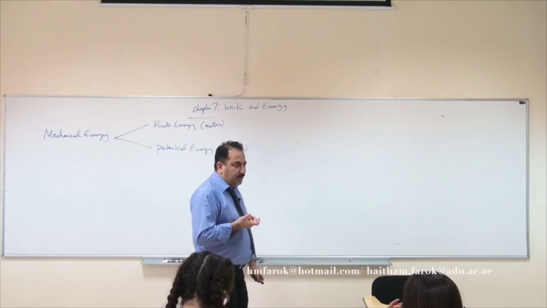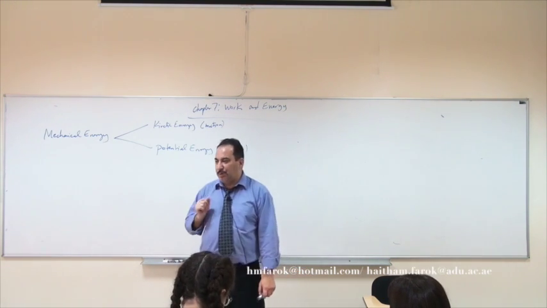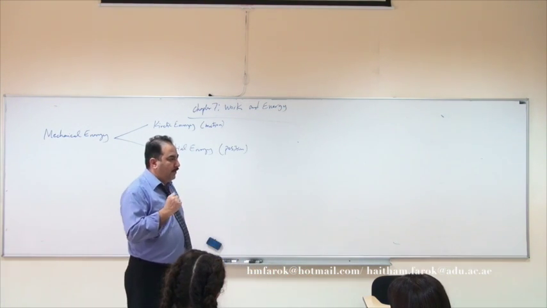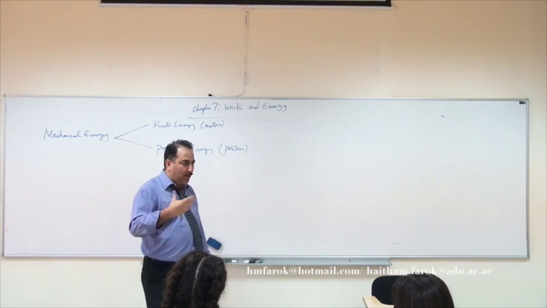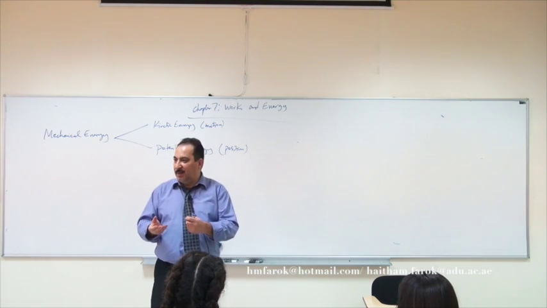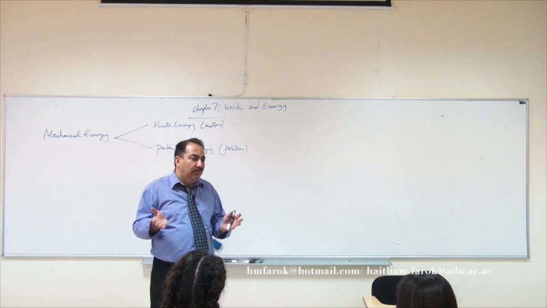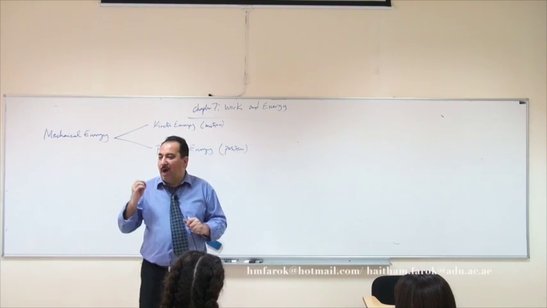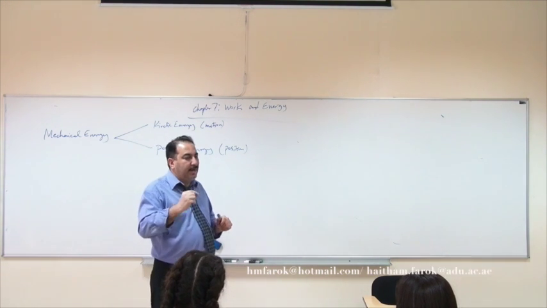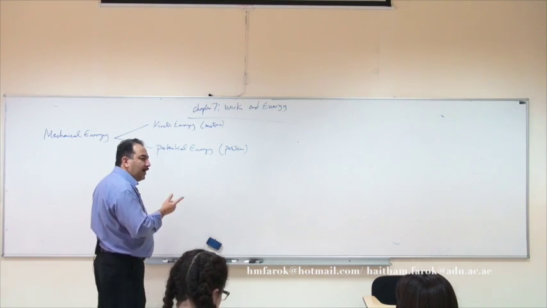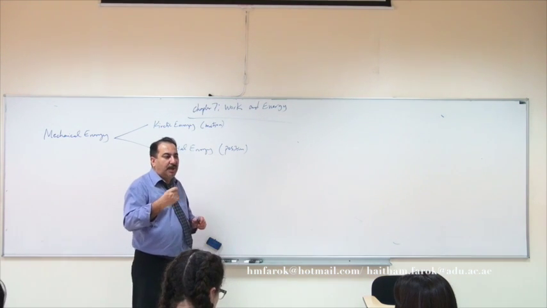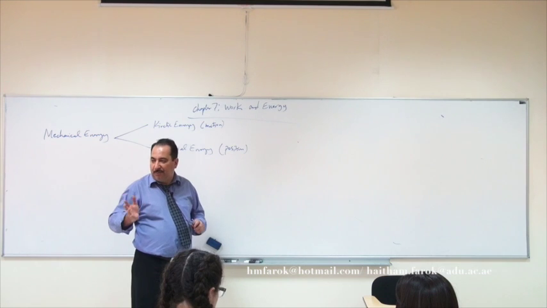So let's concentrate on kinetic energy for the time being. What is kinetic energy? It's energy to do with motion, okay? Whenever you have an object that is in motion, that object has kinetic energy. Otherwise, it doesn't move. Now, how much is the kinetic energy? How do I calculate it? Let's start with the formula, and then I try to verify the formula. Where did it come from?